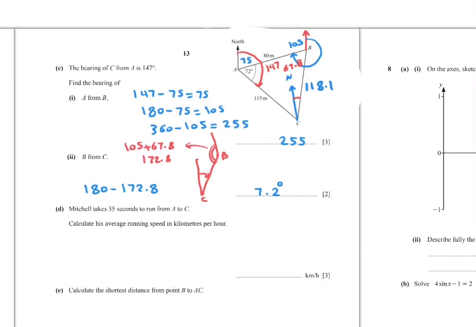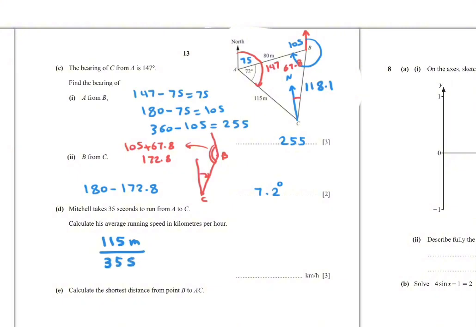Now D, Mitchell takes 35 seconds to run from A to C. Calculate his average speed in kilometers per hour. To find the speed, divide the distance, which is 115 meters, by the time, which is 35 seconds.